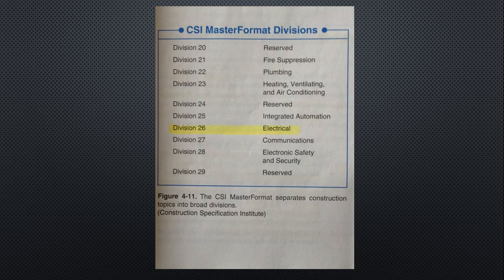Specification writers use this numbering system to organize the various tasks involved in a construction project. The MasterFormat consists of many divisions, each addressing a general construction topic. Some of these divisions are listed in figure 4-11, shown on the screen.